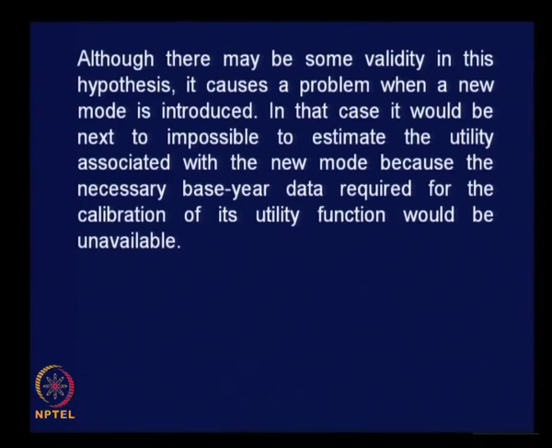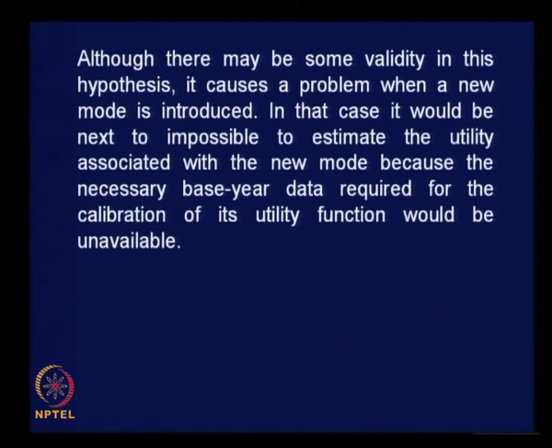When a new mode is introduced, it would be next to impossible to estimate utility associated with the new mode, because the necessary base year data required for the calibration of its utility function would be unavailable. We will not be able to get the values of the parameters involved.